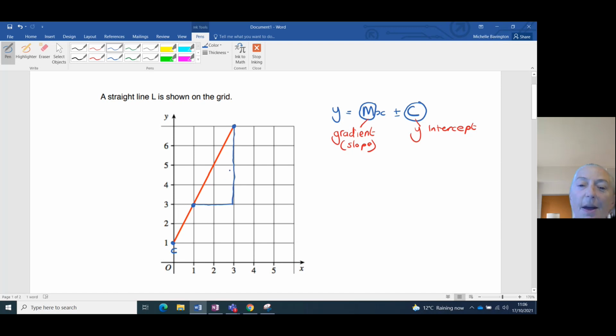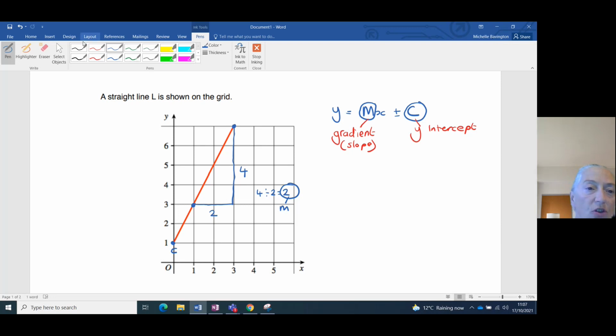Then we count the squares, 1, 2, 3, 4, 1, 2, and we divide. 4 divided by 2 equals 2. And that gives us a gradient, the m, our gradient.